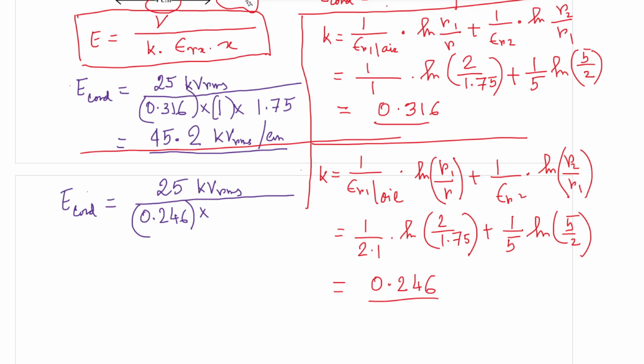Now the air is substituted by transformer oil, so it will be 2.1, and the radius remains the same, 1.75. As you solve this, you will get a value of 27.65 kV RMS per centimeter.